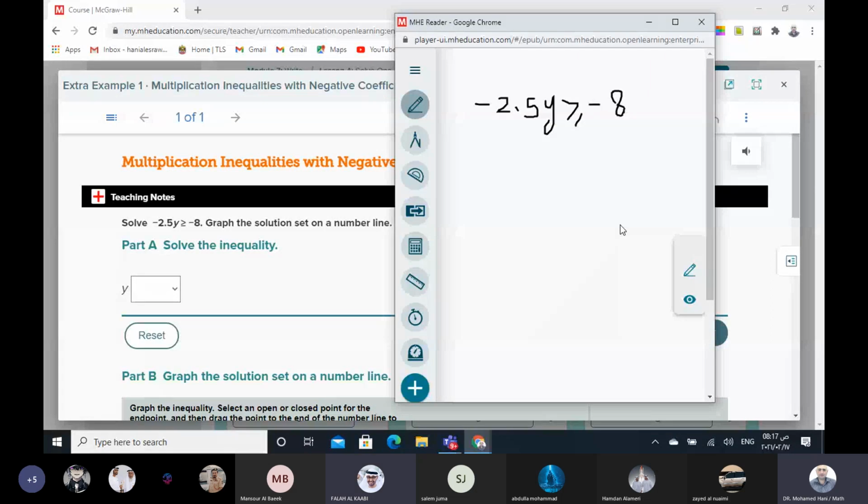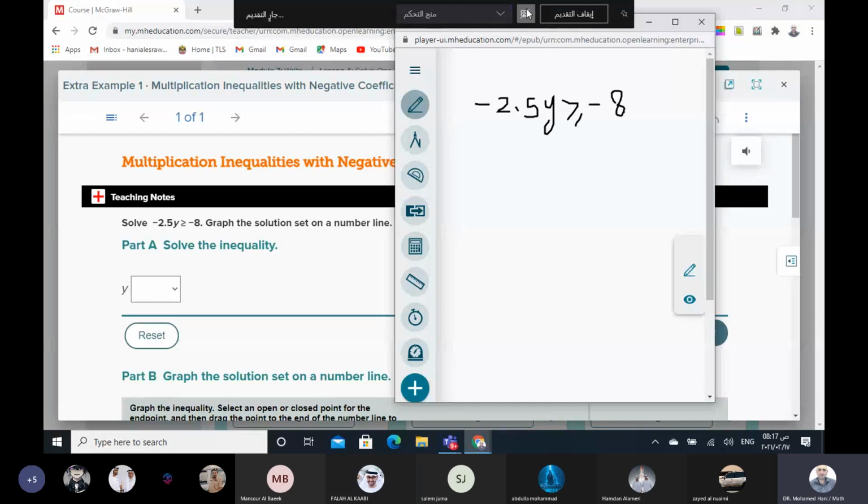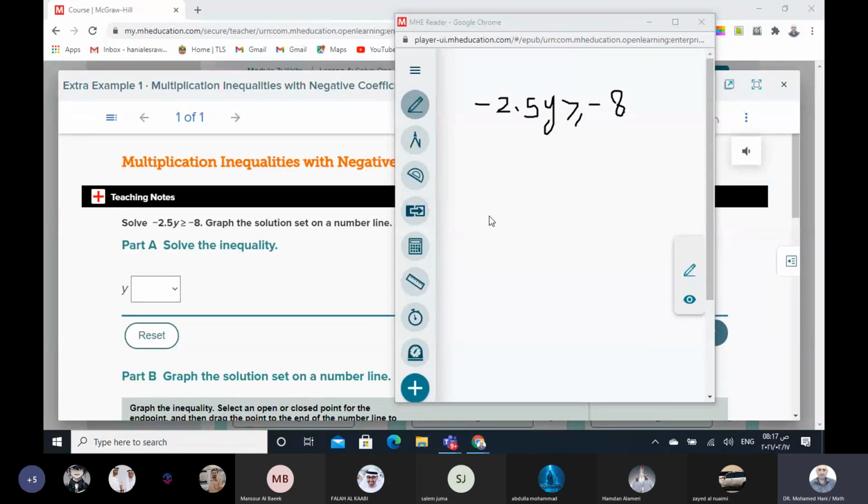Mr., the answer is y less than 3.2, and an unshaded circle to the negative side. No, okay, sorry, to the positive side. Thank you for that. Who has a different answer? Mr., wait, I'm solving.